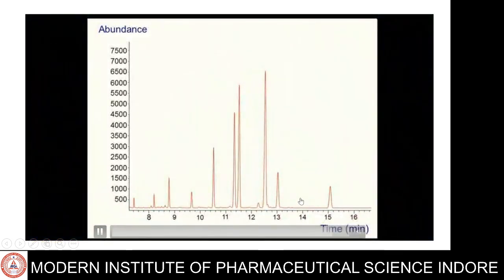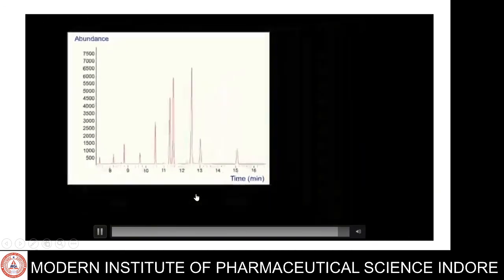This is the graph of the chromatographic system, and these are all the separated compounds.